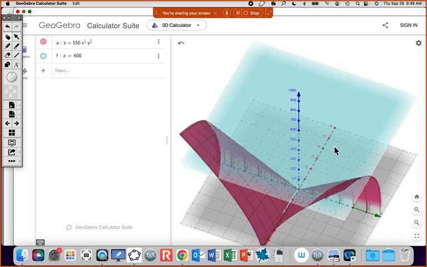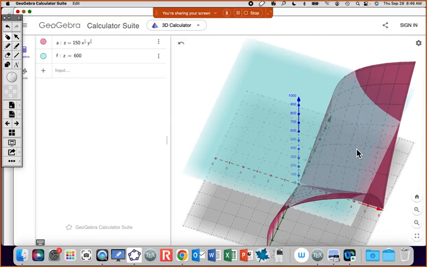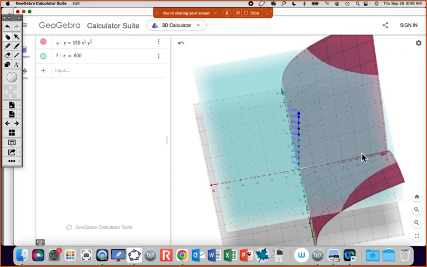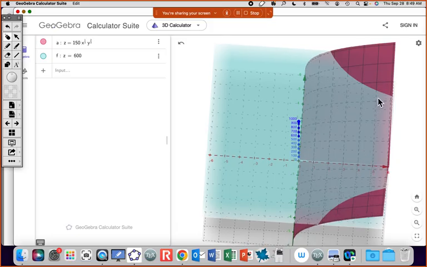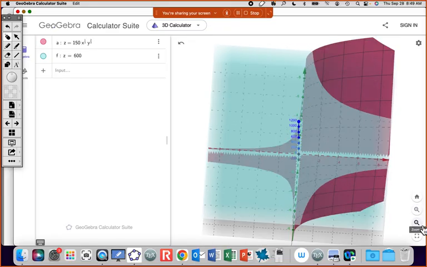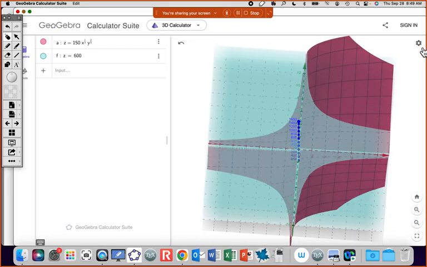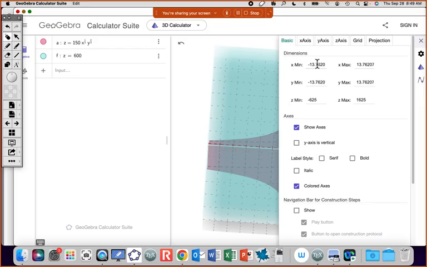Once again, we're looking for positive x and y's only, because we're talking about money. Let's adjust the x and y's here. Whoops. Only looking for positive here. You can hear the computer revving up here.